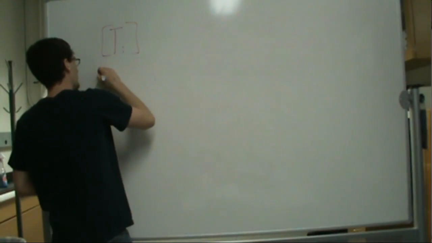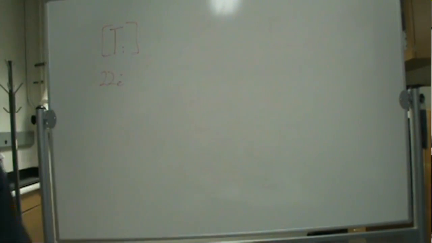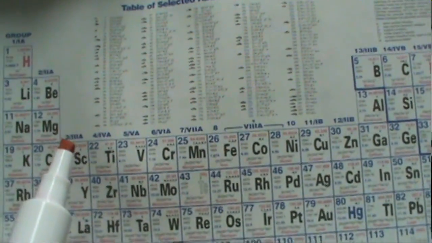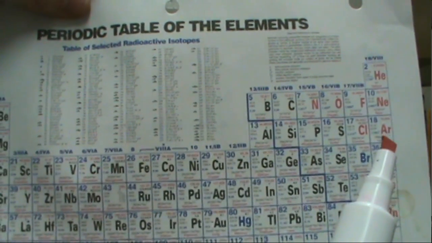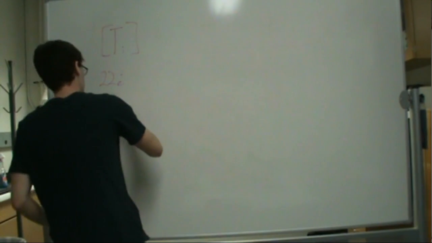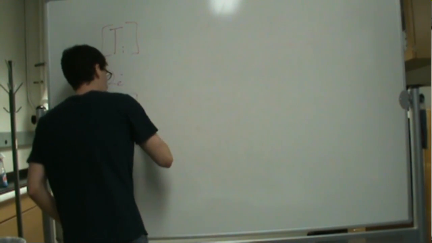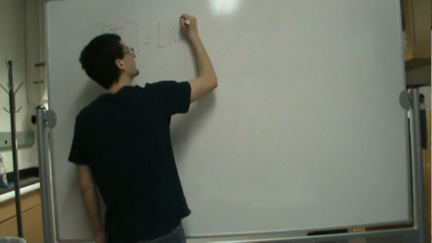So 22 electrons. And what I'm going to do is go with the condensed structure. So we look for titanium's closest noble gas, and it's argon. All right. So this would be the same thing as argon.